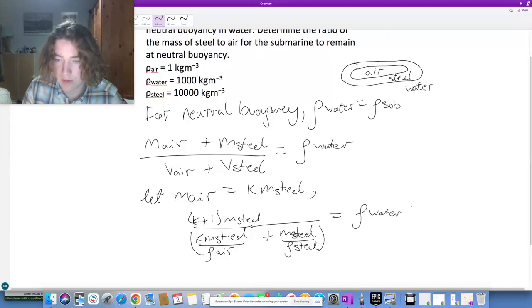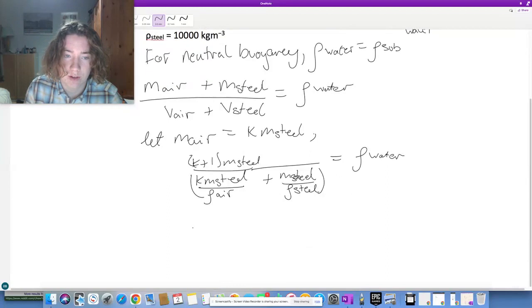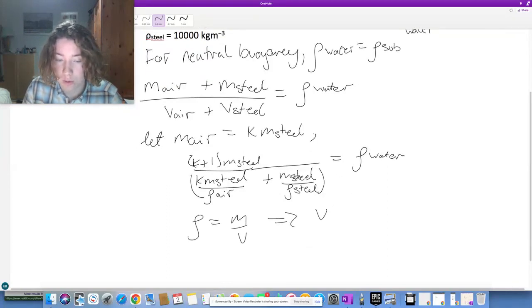If you're confused where this has come from, it's just using the fact that since density equals mass over volume, the volume is the mass over the density. Hence why here there's mass over density, and here there's another mass over density.